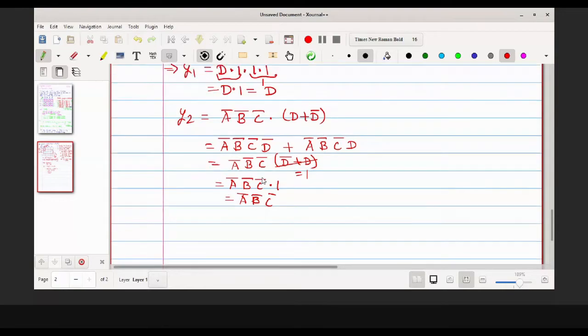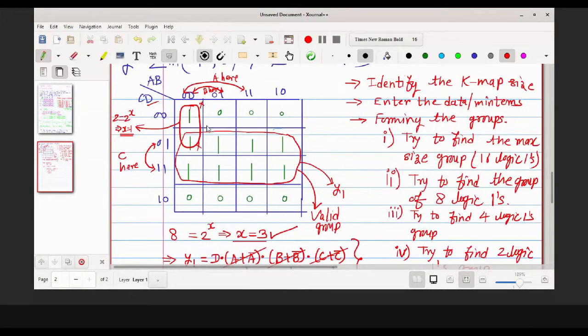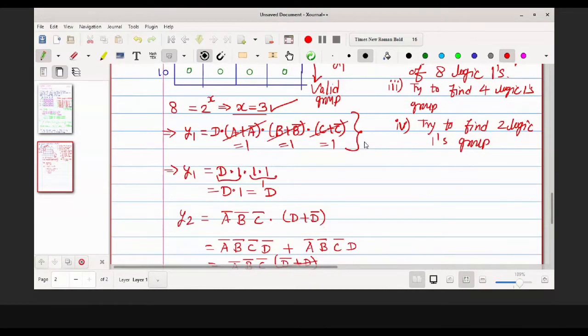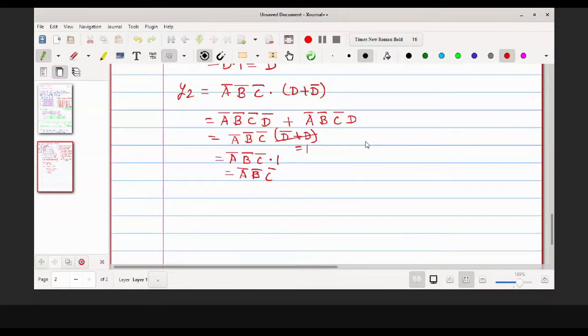With practice and experience, when you solve problems, by looking at the group only you can tell which variable is thrown out and which variables are kept, right? So for this type of group it is A bar, B bar, and then C bar, because D is changing from D bar to D.